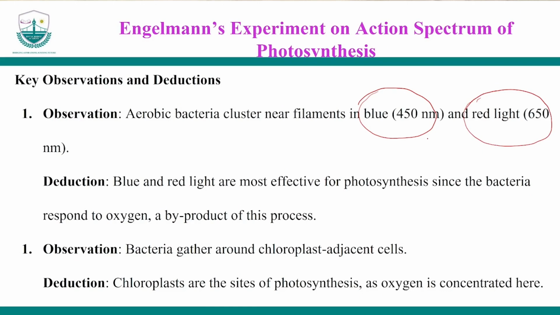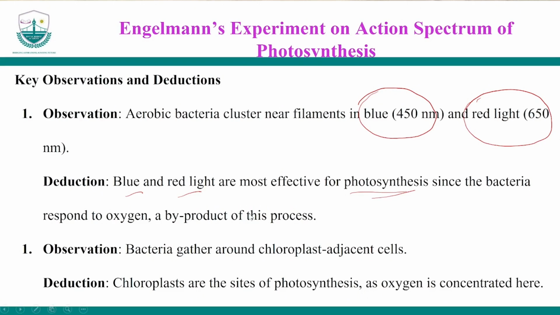This means that the blue and red light actually encouraged photosynthesis, and as a result you had oxygen, and that's why the aerobic bacteria clustered around this light. Okay, the conclusion is that blue and red light are the efficient wavelengths for photosynthesis, since the bacteria had to move to where these lights were, because the algae produced this oxygen.